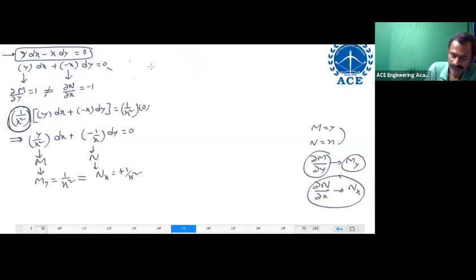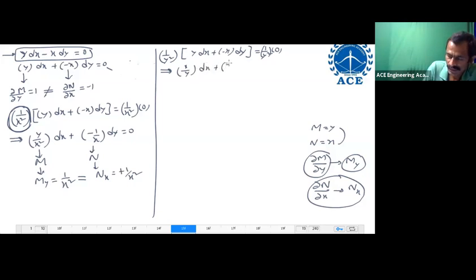Suppose I multiply some other function like 1 by y square into y dx plus minus x dy equal to 1 by y square into 0. Again, this equation becomes 1 by y dx plus minus x by y dy equal to 0. New equation, new M, new N. For this, we verify the condition.